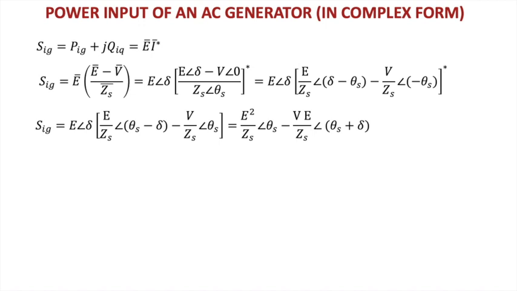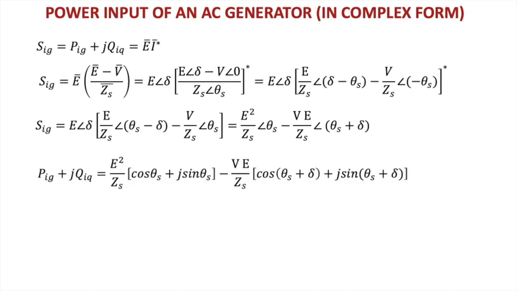Polar quantity conjugate means the minus of the given angle, so the angles are multiplied by the minus sign, and then we convert this to the rectangular form, where we get the real and the imaginary quantities, and the angle will be written in terms of the rectangular quantities as cos theta plus j sin theta.